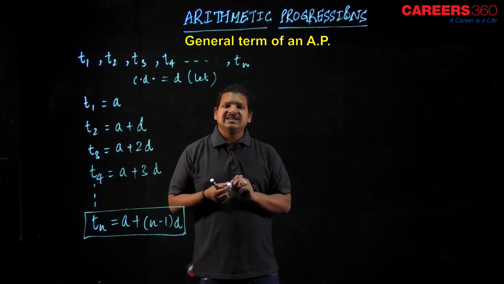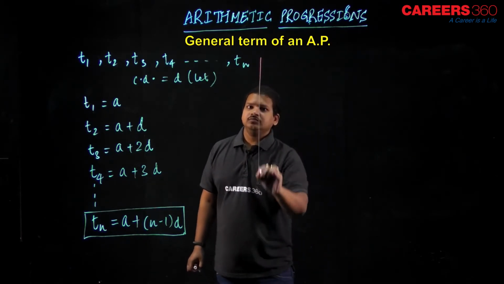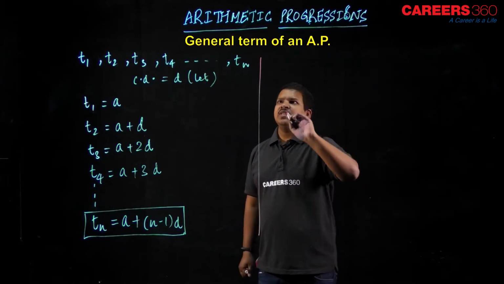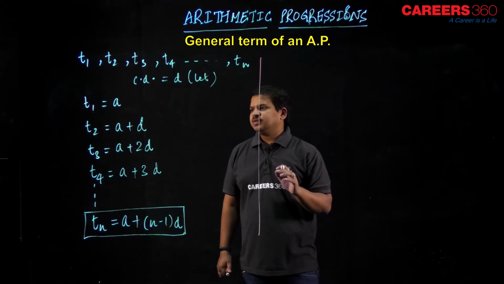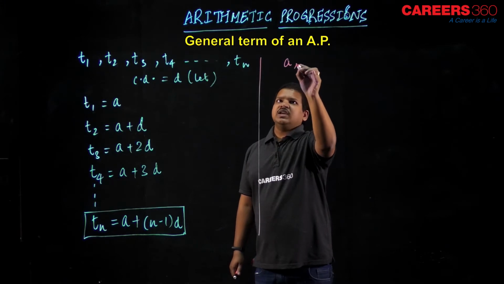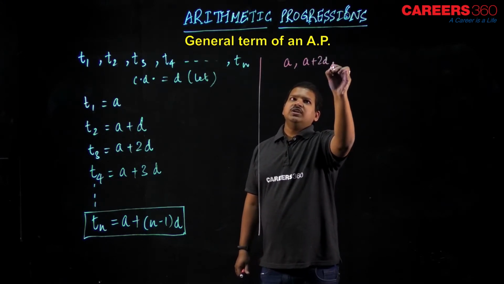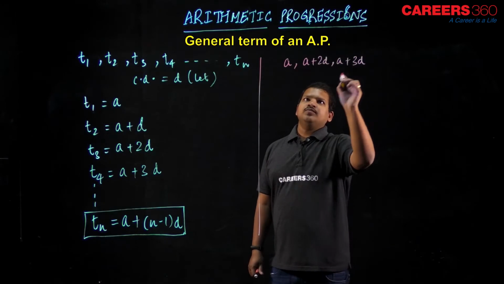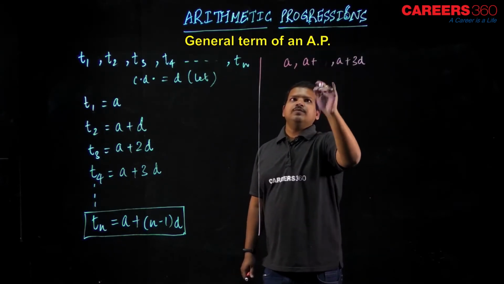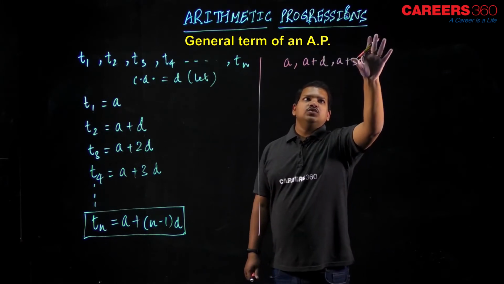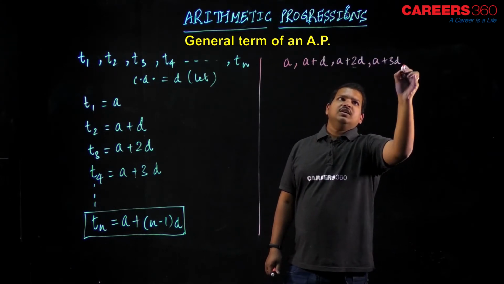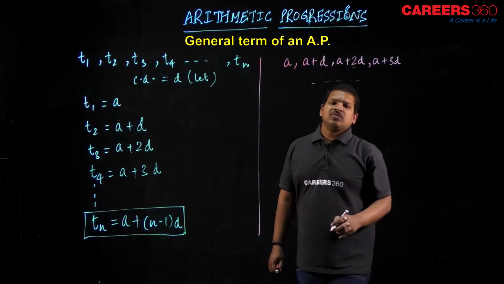Now let's generalize a bit more. For example, again I am taking the same AP only. Some of the terms have been changed. Let's say this is A and then A plus D, and then A plus 2D and then A plus 3D and so on, this goes on.